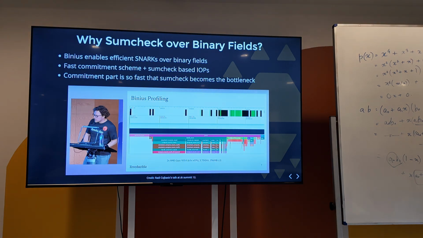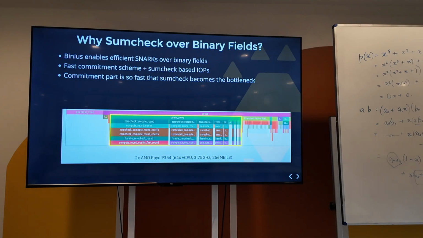This is a quick slide from Radhi's talk on Binius profiling, and I'll zoom in a bit. We can see the pink part is the proof time, the total prover profile.